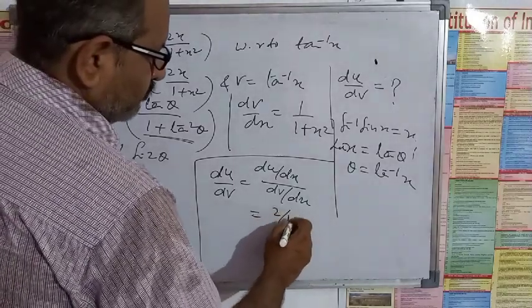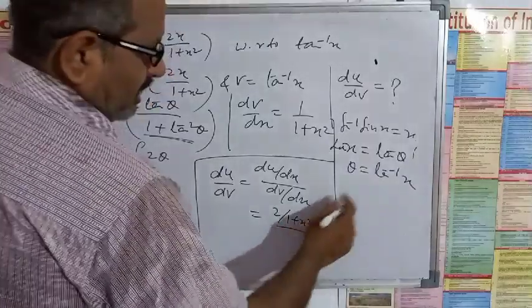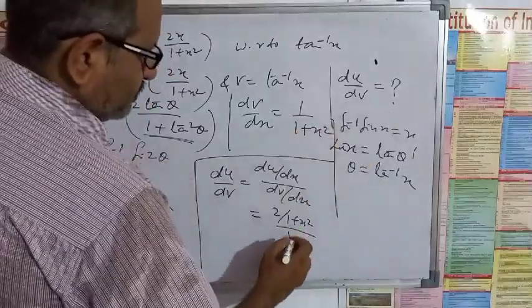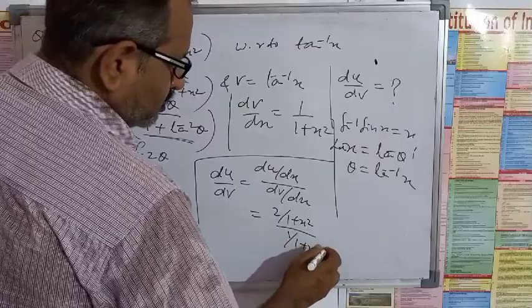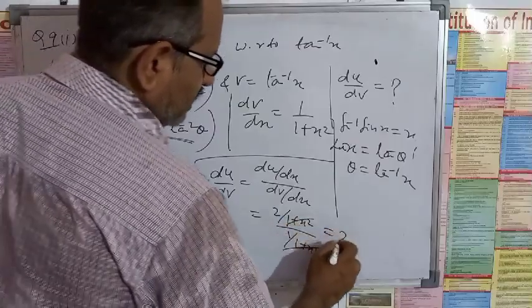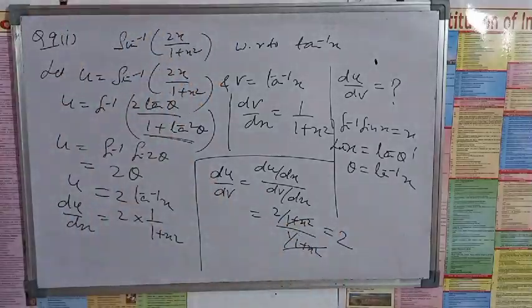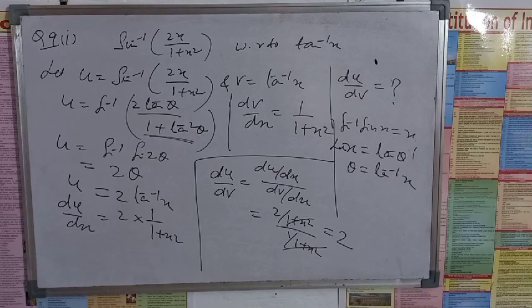It is 2 upon 1 plus x square, and this is 1 upon 1 plus x square. 1 plus x square cancels. The answer will come 2. So in this type of problem, suppose first function u, second function v, then find du by dv. So the ninth first part answer is 2.